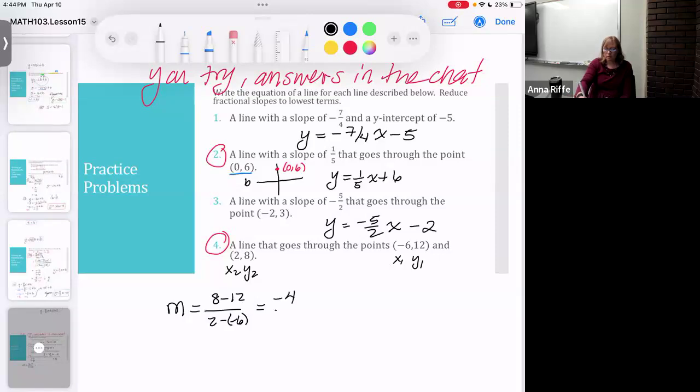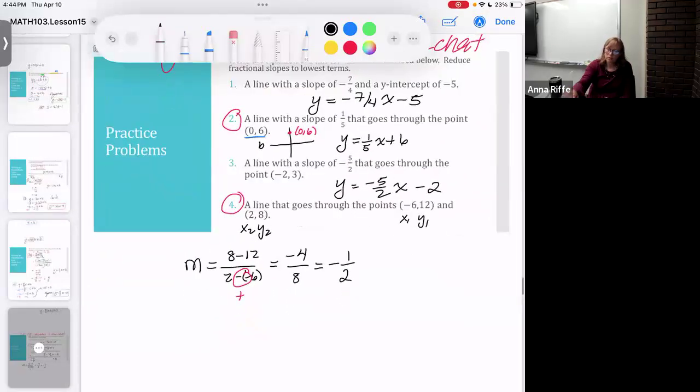That leaves me with a -4 on top. 2 minus a -6 becomes 2 plus 6, so that is an 8, which reduces to -1/2. 4 over 8 is the same as -1/2.